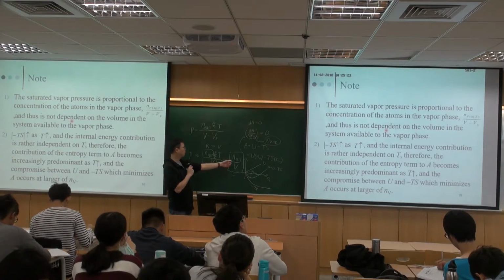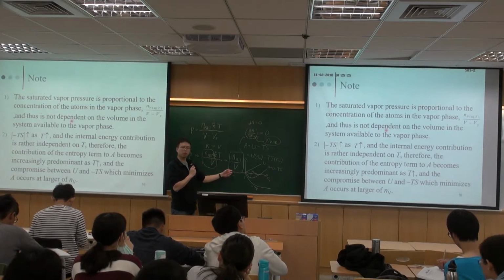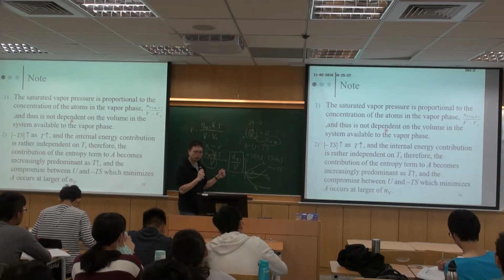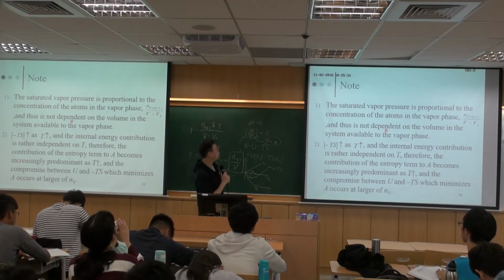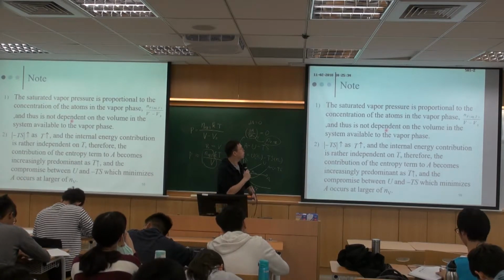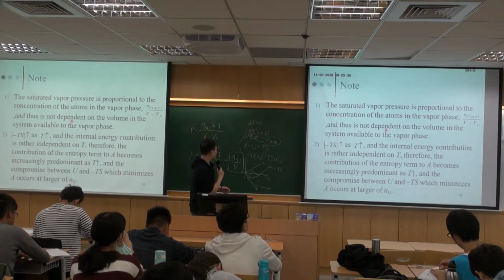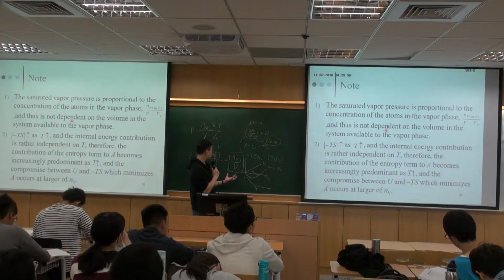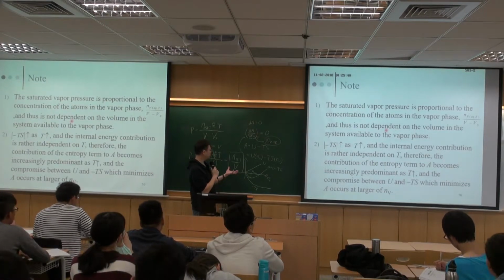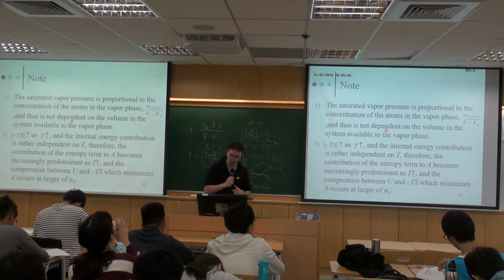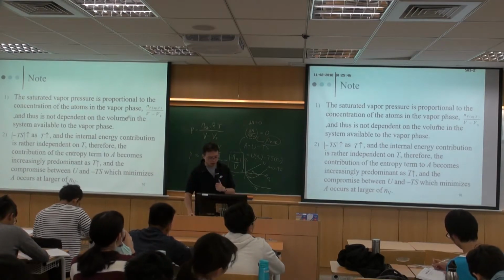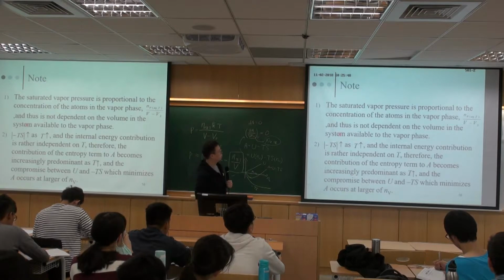Okay, because this is the number and this is the volume. So this is the concentration. And therefore, the pressure is not dependent on the volume in the system available for the vapor phase. Typically, it is only related to the concentration. Okay, it's not related to the volume in the system available for the vapor phase.